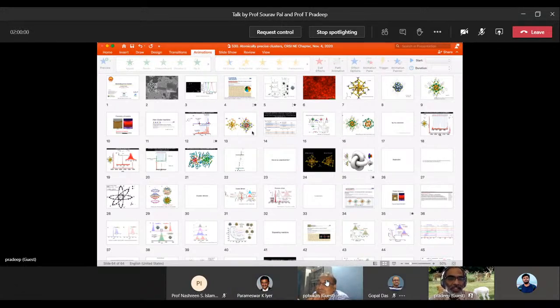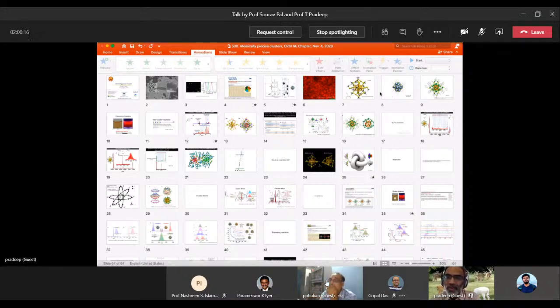Very nice, important question. But let me say that even for a given cluster, say 25 or 12 or any such thing, these properties are also greatly influenced by the ligand.